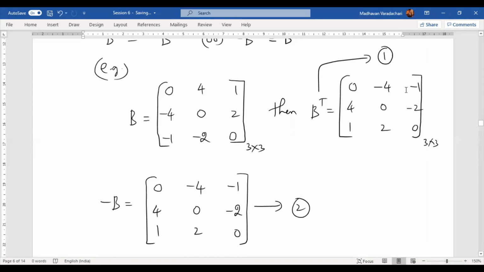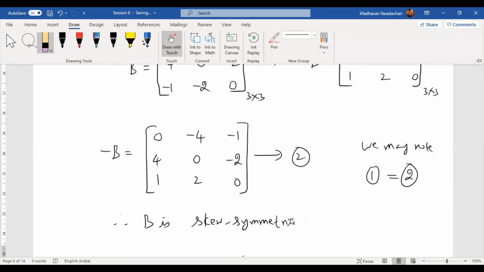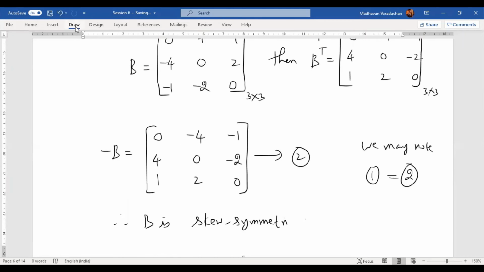We may notice now 1 and 2 are the same. We may note 1 is equal to 2. Therefore, I can conclude B is skew symmetric, because that is what our definition says. If B transpose is equal to minus B, then you say B is a skew symmetric matrix.